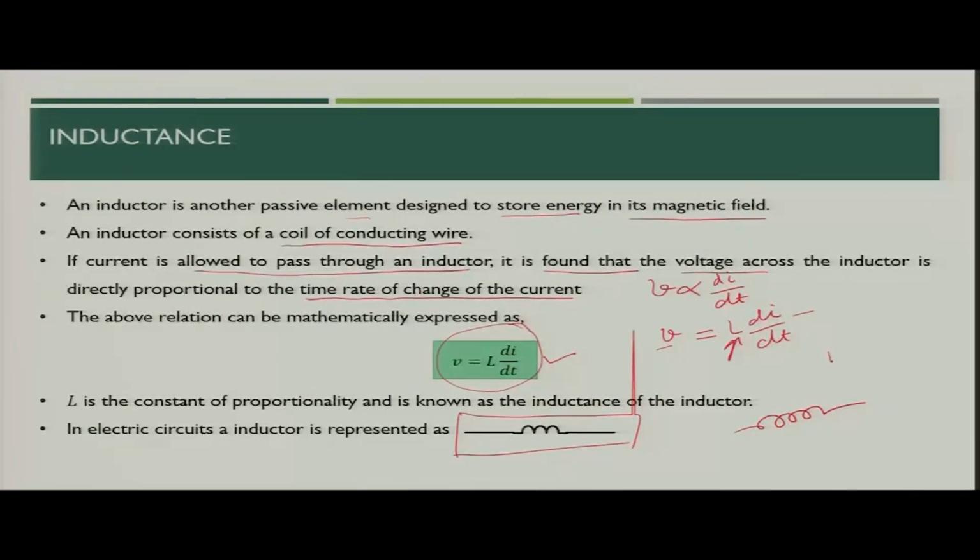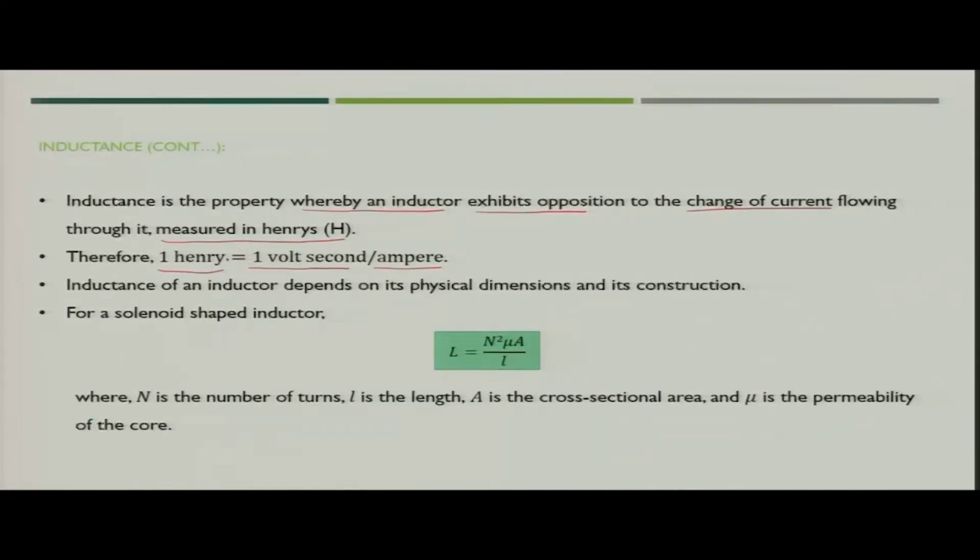L would be, if you write in small time step fashion, V delta t by delta I. Voltage is in volt, t is in second, and I is in ampere. So, you can simply say that 1 Henry is nothing but 1 volt second divided by ampere.